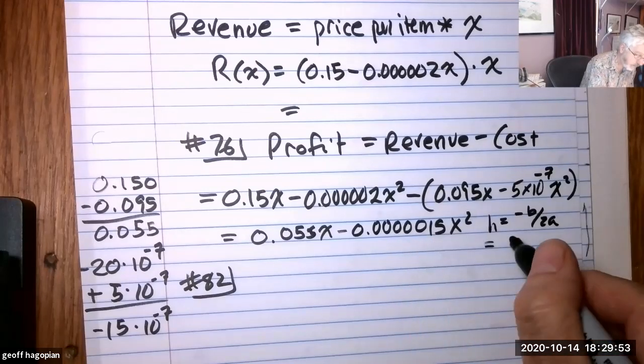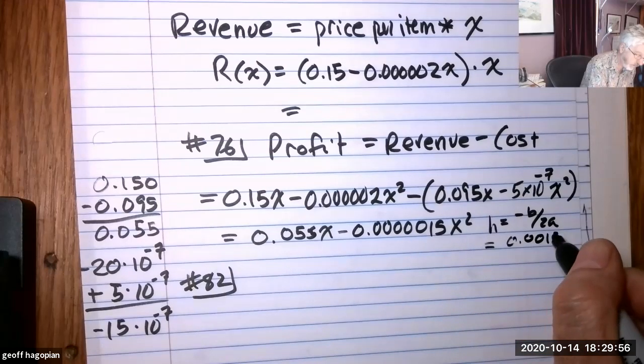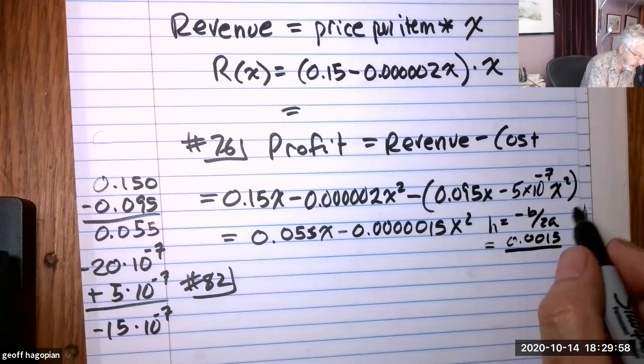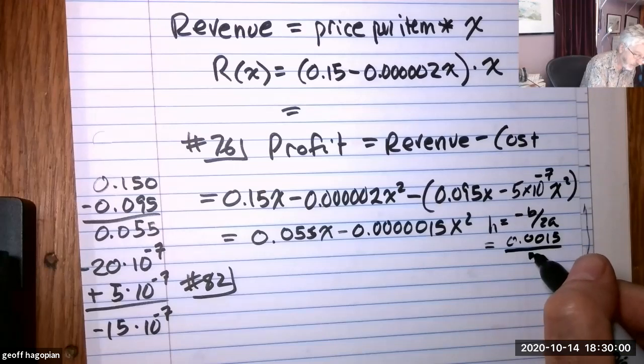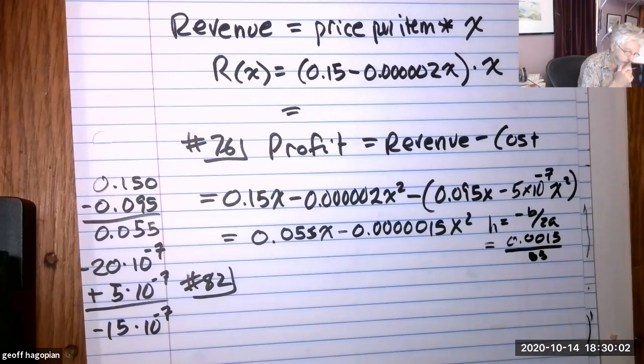And so I'm going to write 0.0015 divided by 55. Doesn't make a lot of sense, does it? You're making less than one bumper sticker then.